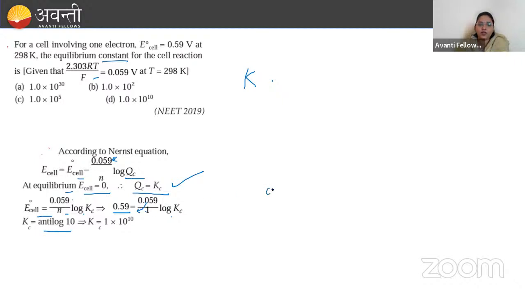यहाँ पे क्या हो जाएगा? 0.59 divided by 0.059 equal to log of Kc. Right? Equal to log of Kc. Okay, just do the simple maths. यहाँ पे you will get the answer 10. यहाँ पे 10 होगा, यहाँ पे आएगा log of Kc, और log यहाँ पे transfer करोगे तो क्या आप लोग को मिलेगा?